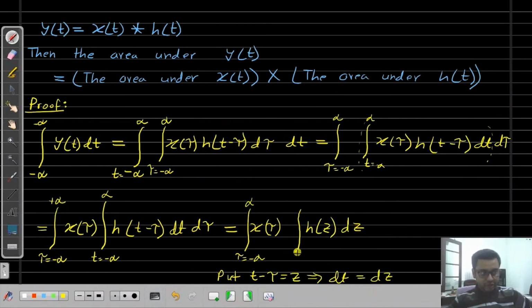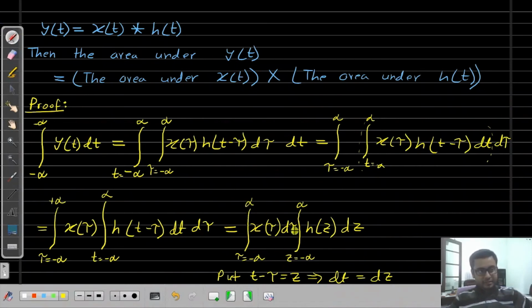The limit of integration will remain z equal to minus infinity to plus infinity, and then d tau. Now this is the area under h, and you can take it outside, or you may write it this way, d tau here.